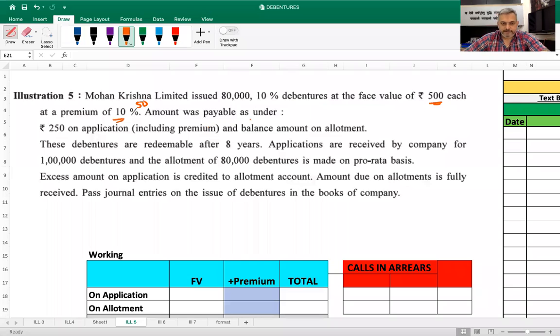Amount was payable as under: 250 on application including premium, so it is rupees 200 plus rupees 50, and balance on allotment, that is rupees 300. So 200 plus 300, 500, plus 50 is the premium. Debentures are redeemable, so after 8 years we have to pay the money to debenture holders.